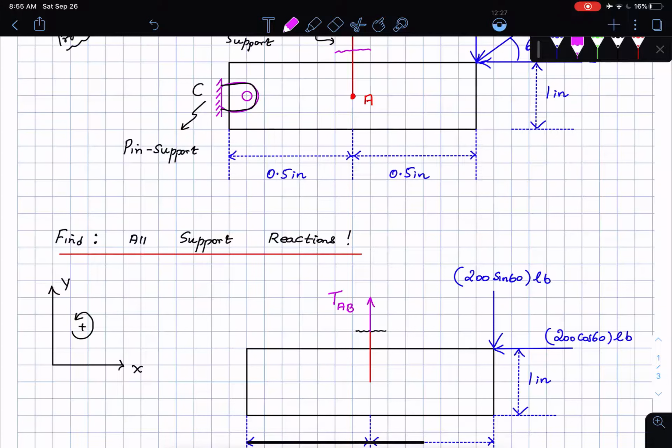Assume weight is negligible, and friction is negligible, no friction at the pin. You don't want a creaky pin.